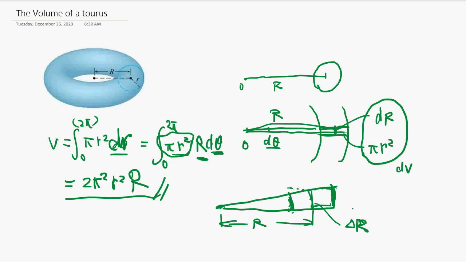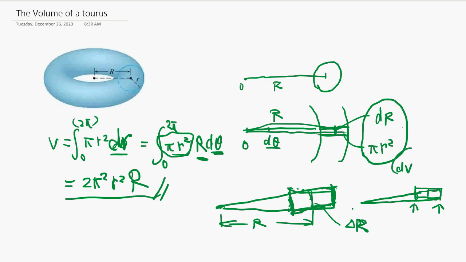Let's see. Let me write more precisely. The disk should be flat from here to here, the same width.